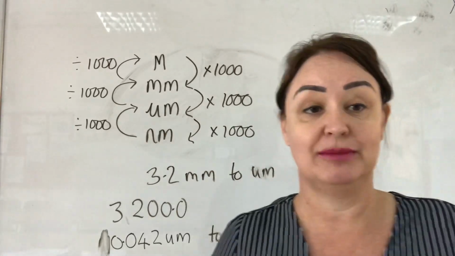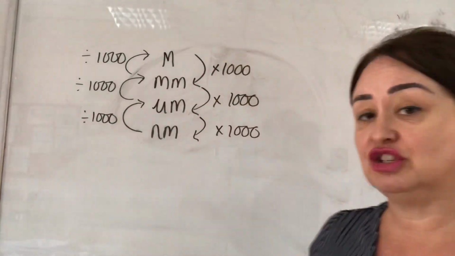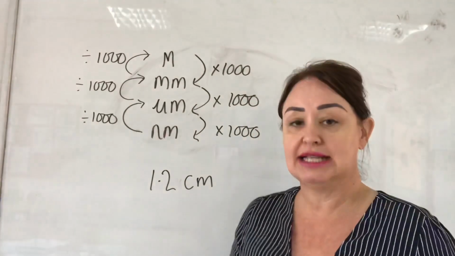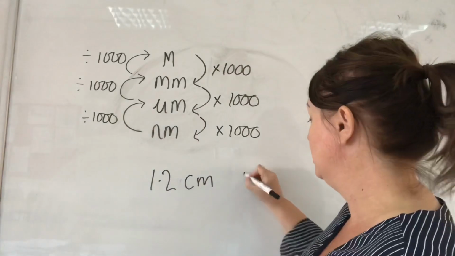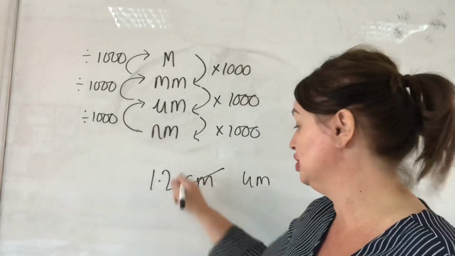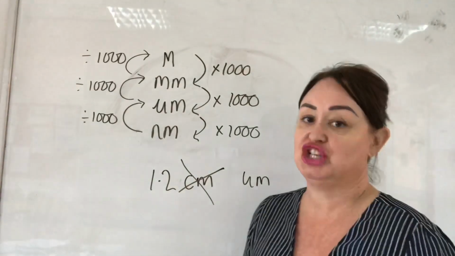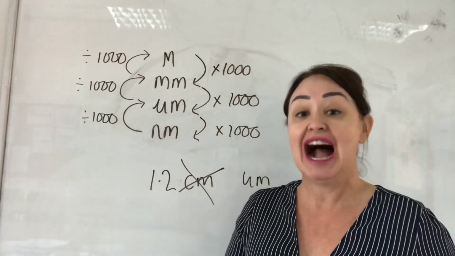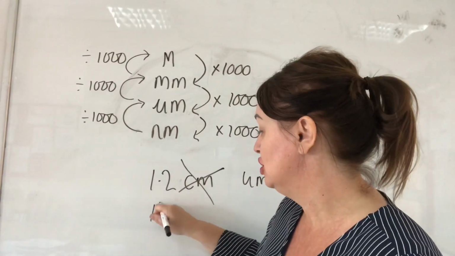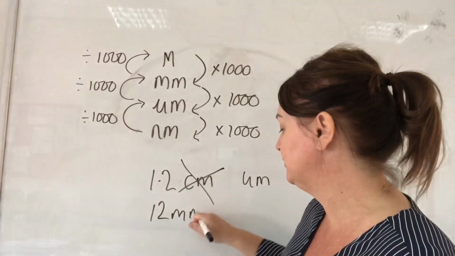Let's have a look at some more examples. If I had a number like 1.2 centimetres and I needed to convert that into micrometres. Remember, the centimetres are the bad boys of biology. We don't want them. Straight away, we're going to change that to millimetres. And then it's easy jumps. So 1.2 centimetres is 12 millimetres.